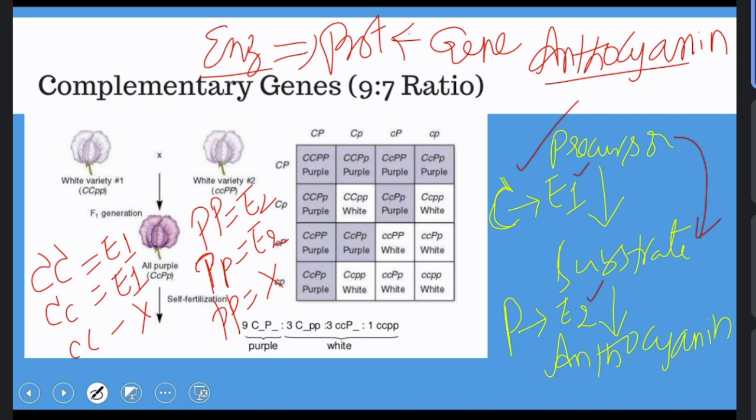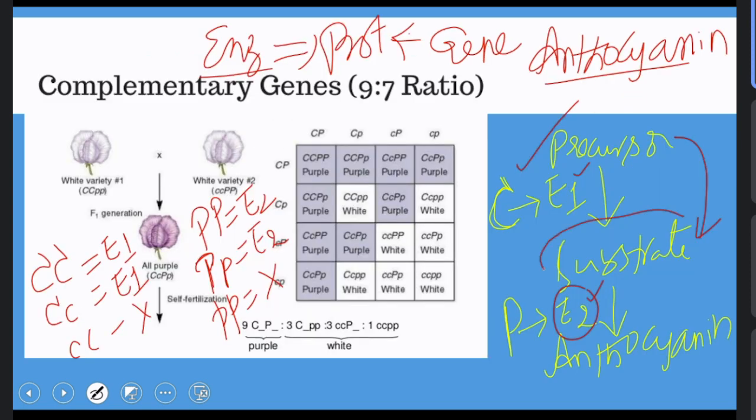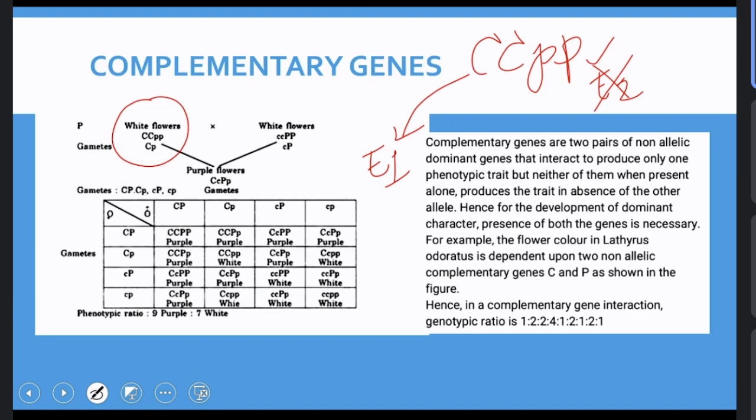Now for the substrate to be converted to anthocyanin, E2 is required. But here the genotype is small p, so enzyme 2 is not produced. At the substrate stage only, the reaction is stopped and no pigment is produced, and it became a white flowered plant.